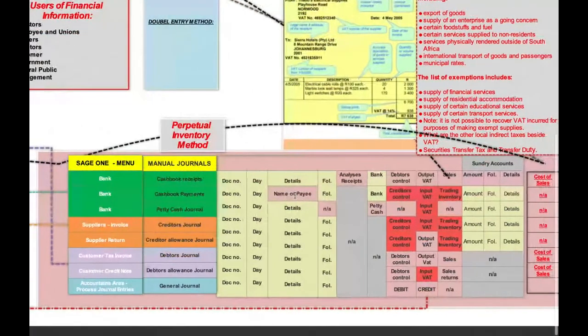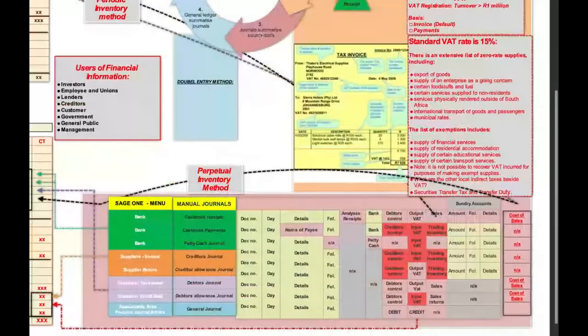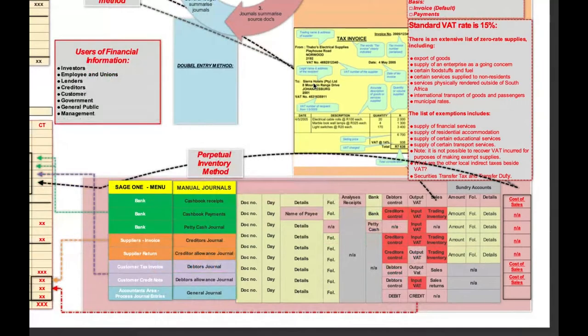And here at step 3, remember, this is where we are doing what? We're taking the source documents and now we're entering these transactions into our journals. Okay? Right. So here, now this is where we begin to bring into perspective Sage and what its role actually is.